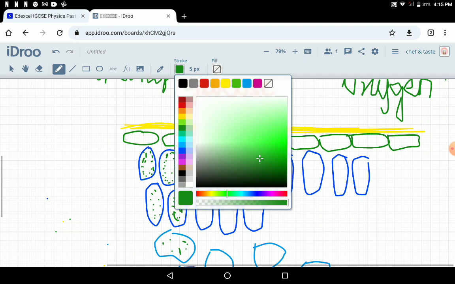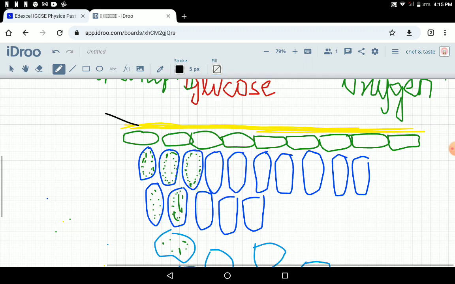First of all, the waxy cuticle layer. This is the waxy cuticle layer. What's the function of the waxy cuticle layer? It is a waterproof substance, so it will not allow the passage of water through it.